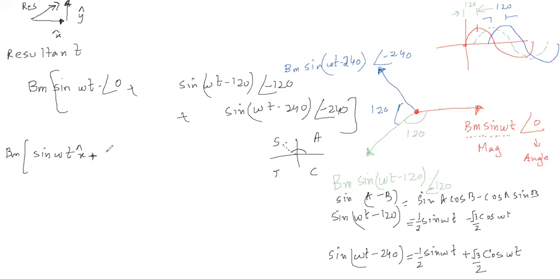In the second one, we have already found this derivation. So it is equal to minus half sine omega t minus under root 3 over 2 cos omega t. So we just substitute for this, and then we have to do cos of minus 120 x bar for the x component, and cos of minus 120 will be how much?